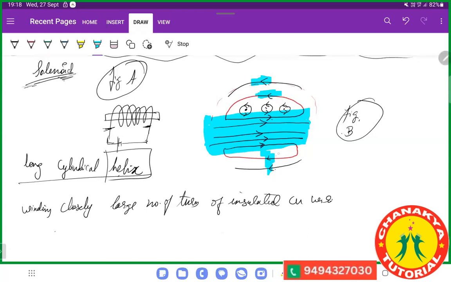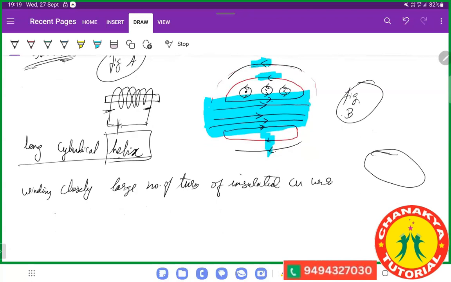Now, out of this field, obviously we know that magnetic field lines are closed, unlike electric field lines, which are not closed. Magnetic field lines are closed.